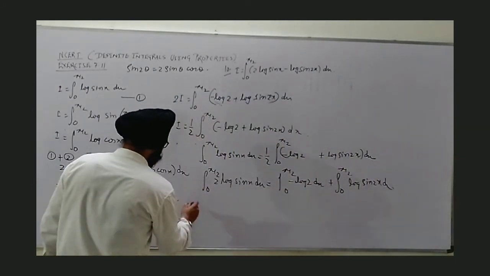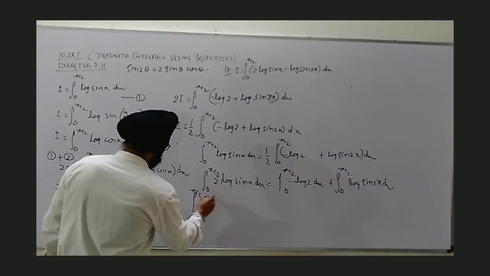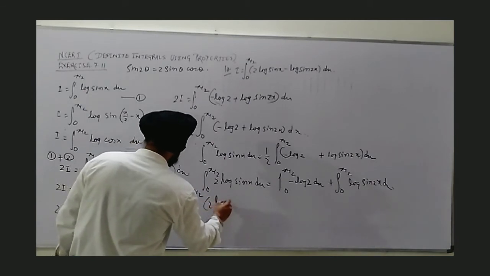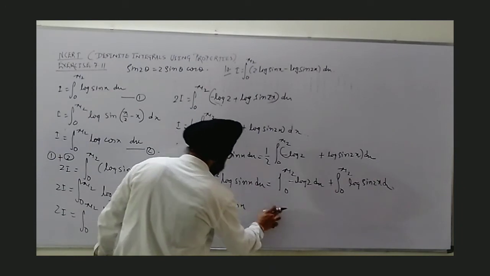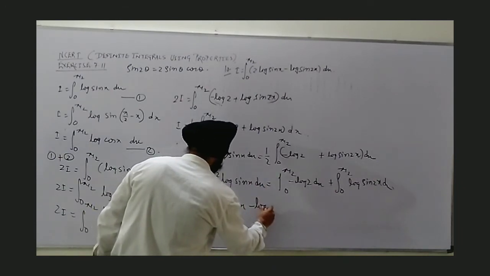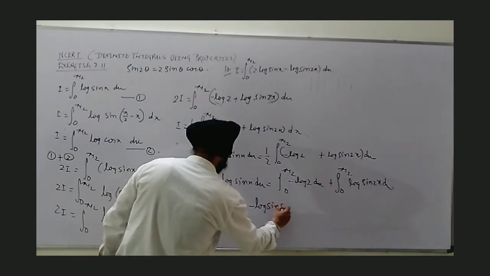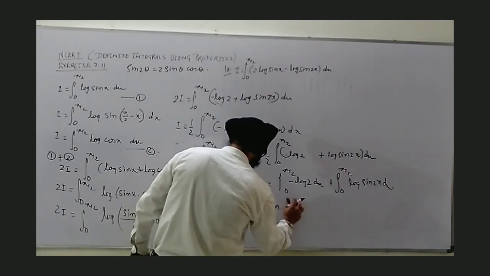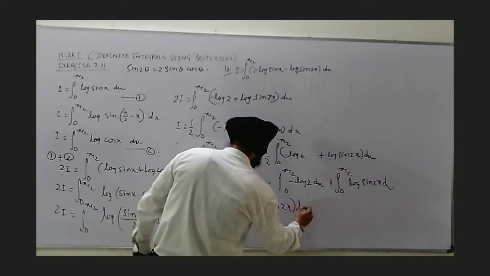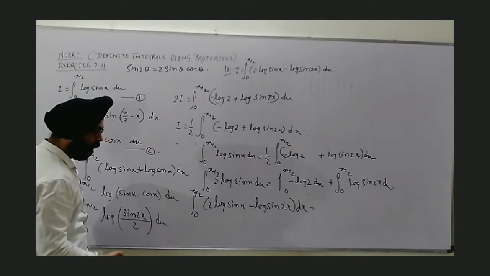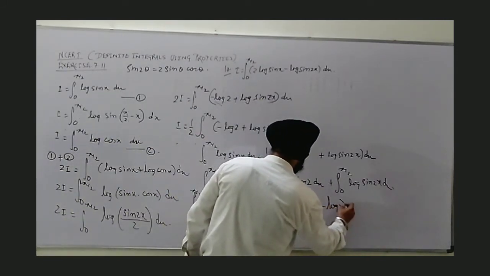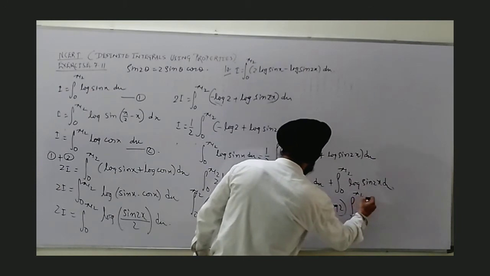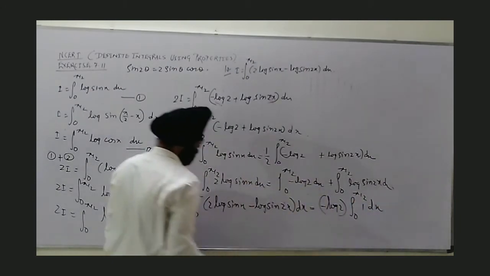Once we do 0 to pi by 2, the operator is common, and inside we are left with 2 log sin x dx minus log sin 2x dx. This is equal to the right hand side, where minus log 2 is a constant, and we are left with the integral 0 to pi by 2 of 1 dx.